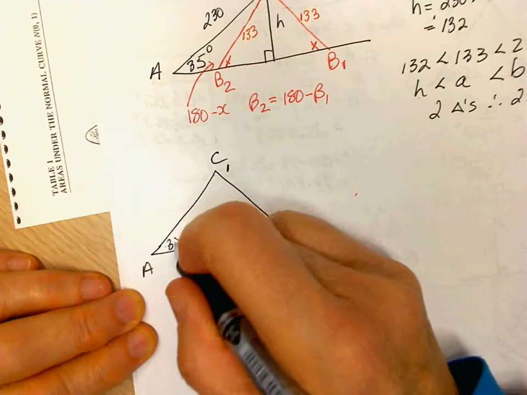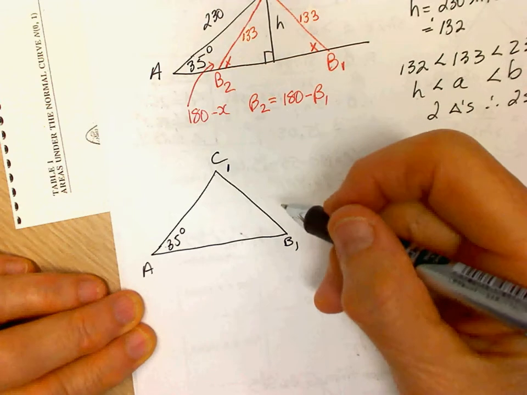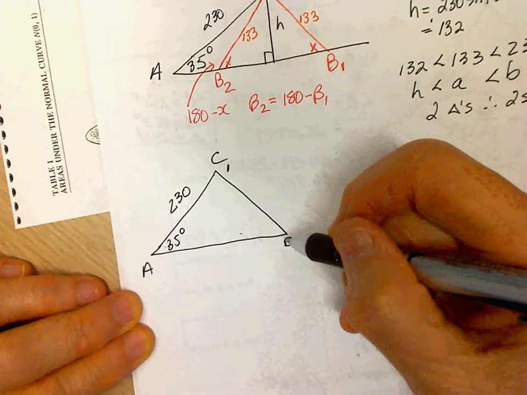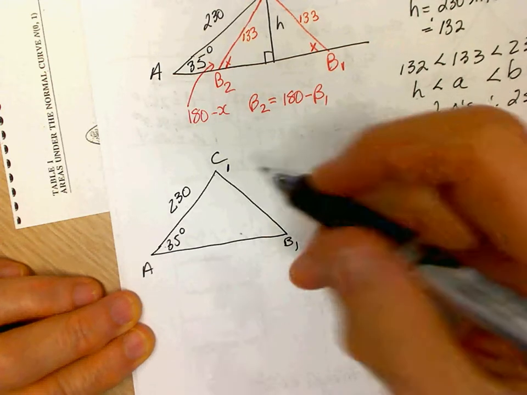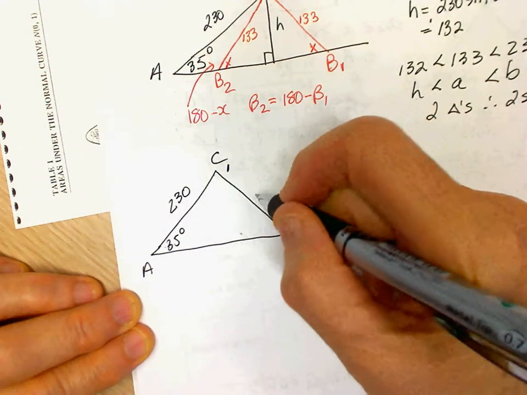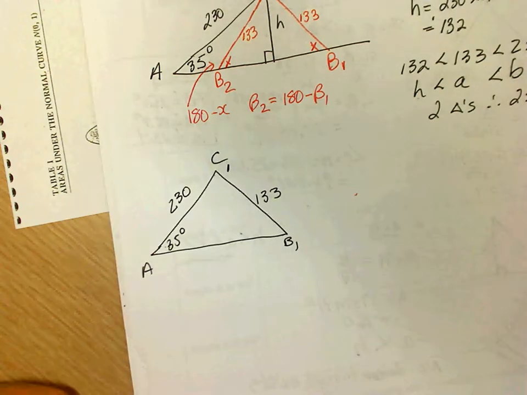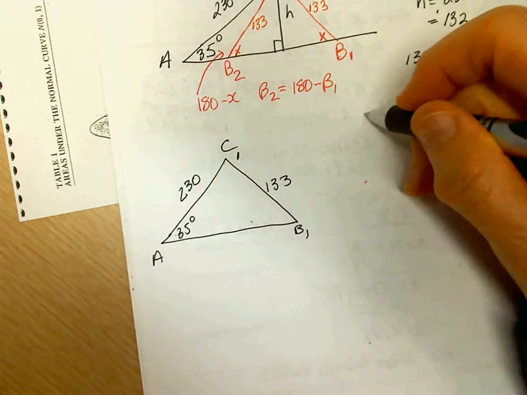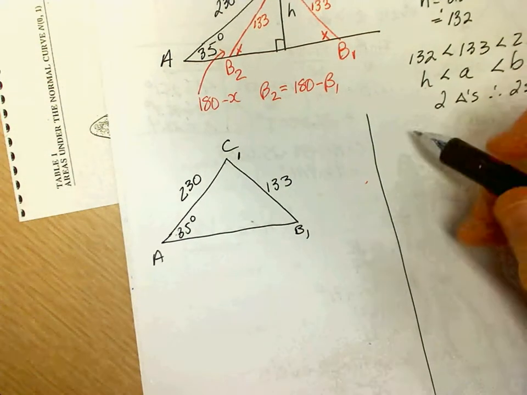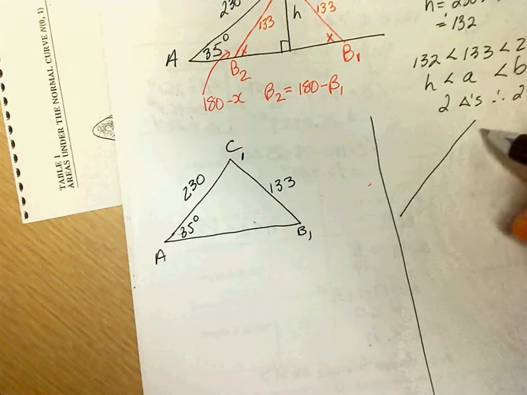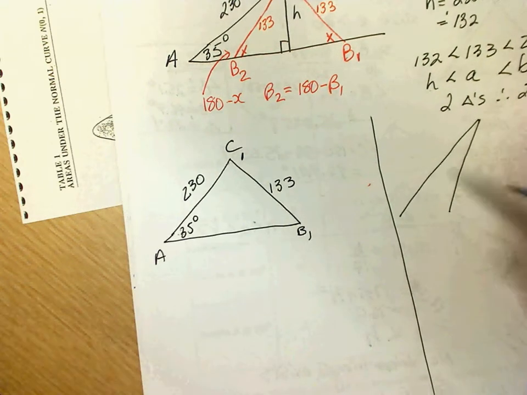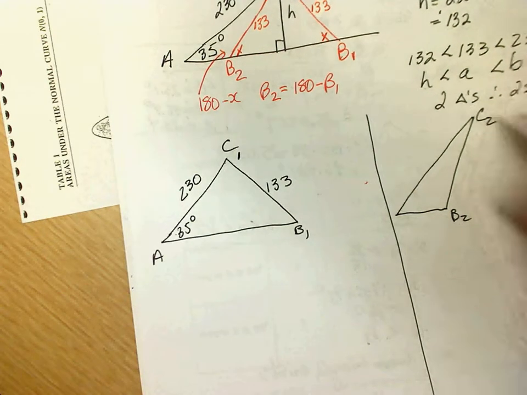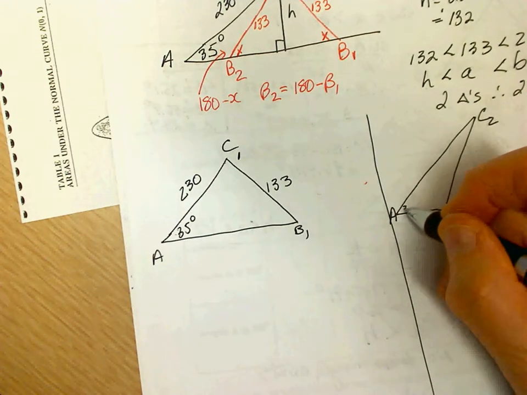Little side B1 is 230, and this is 133. And then we'll do this other one, which looks like this. We'll call it B2. This we'll call C2. This is our A. Our A, the measurement stays the same.